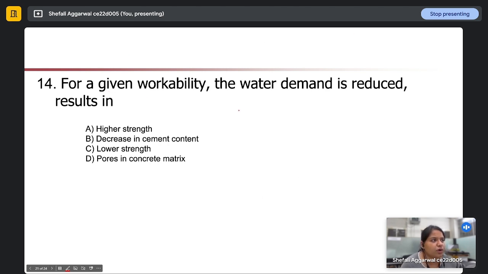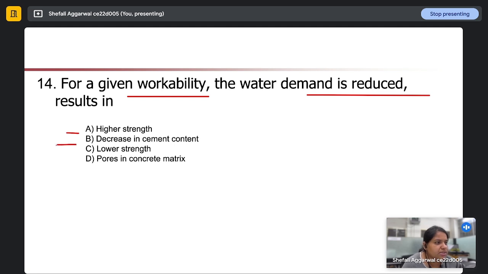Next question is: for a given workability, the water demand is reduced. So it will result in higher strength, decrease in cement content, lower strength, or foam in concrete mixing. This is a statement given in the slide itself. When we are fixing a workability, imagine we have fixed a workability at 75 to 80 mm from the slump test.